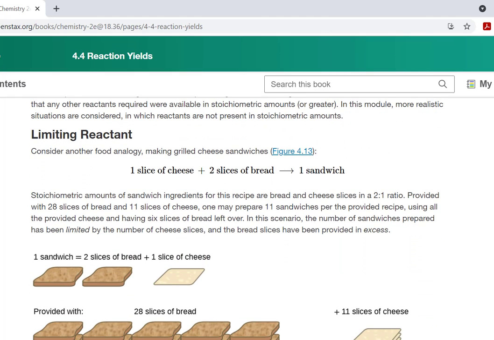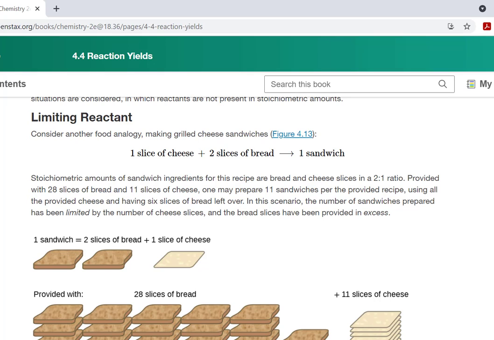So with the limiting reactant concept, what we're looking at is the idea that if you have more than one reactant, you can assume one of them is limiting, or you can figure that out if you're not sure. And a way to understand this concept is, again, by making a food analogy, as we've done throughout this module.